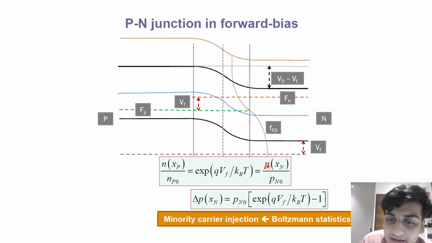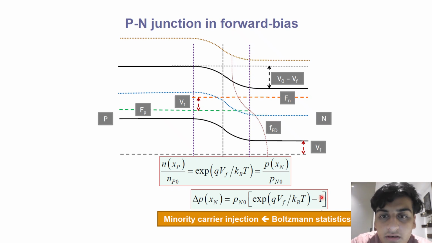So if we take the difference of Pxn and Pn naught, we get the number of carriers we are injecting. And if you're injecting charge onto some material and that charge starts diffusing, that starts constituting a current. Viewing it this way is how we are going to derive the current due to the forward bias in the diode.